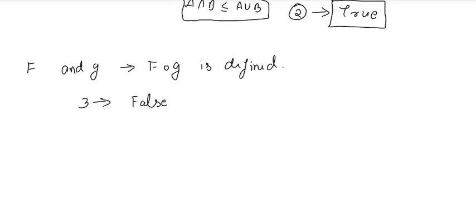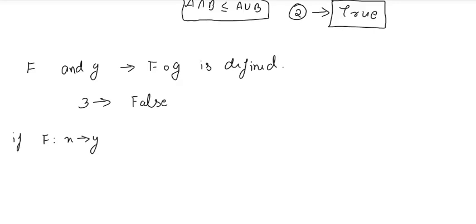Now moving to the fourth part: if f from X to Y is a function such that Y is the range of f, then f is onto.